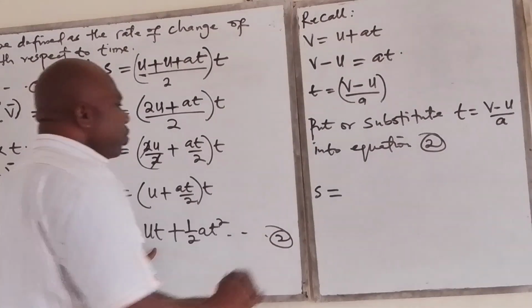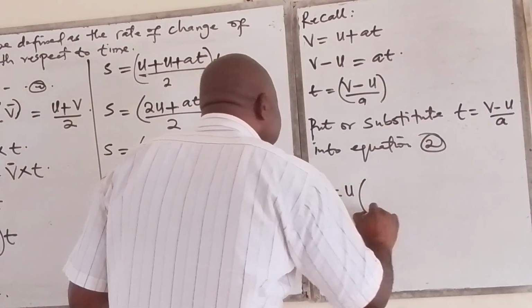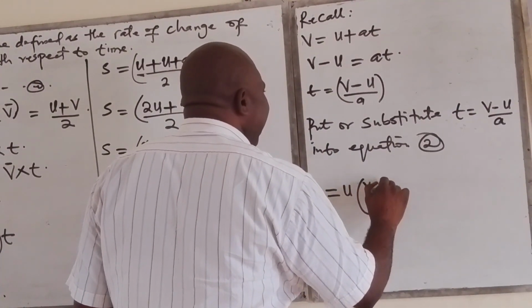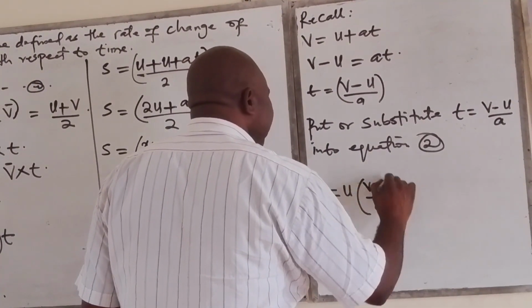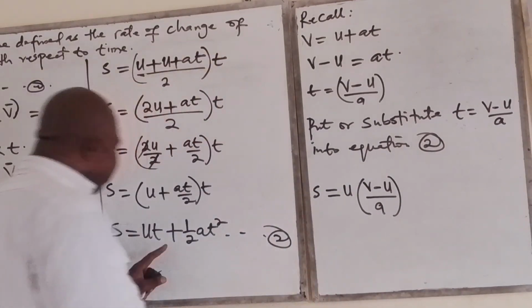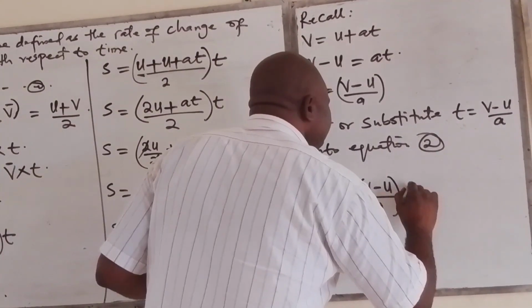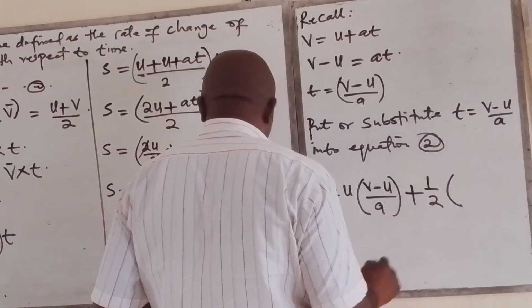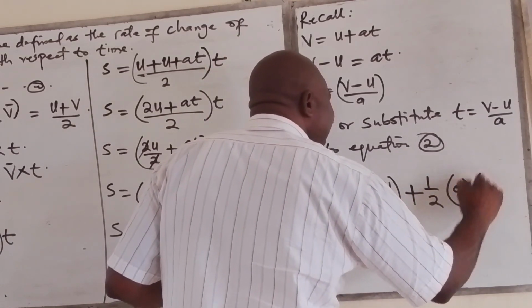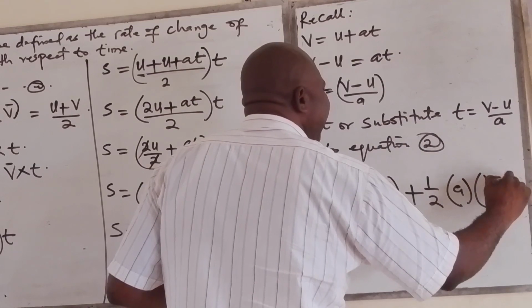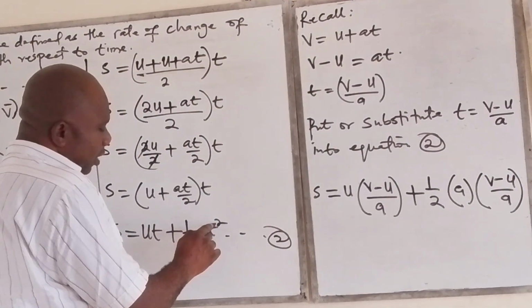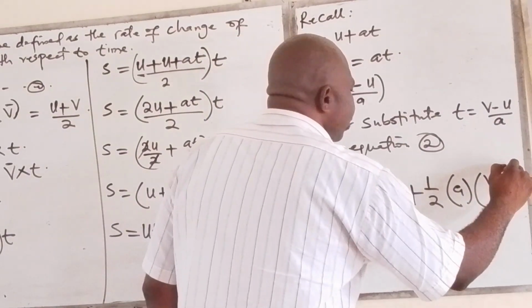So here we have u times the value of t. Remember, the value of t now is v minus u all over a. Then here we have plus half a, then the value of t, v minus u all over a. Now remember, we have a square here, so this will be all squared.